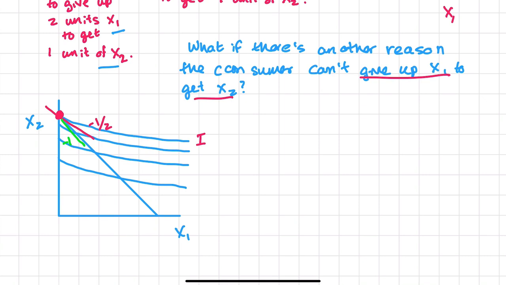So this situation would be a boundary solution. If there's not an interior solution to the problem, then we could get into a situation where the marginal rate of substitution is not equal to the negative of the price ratio. So I just wanted to point that out as a possibility.